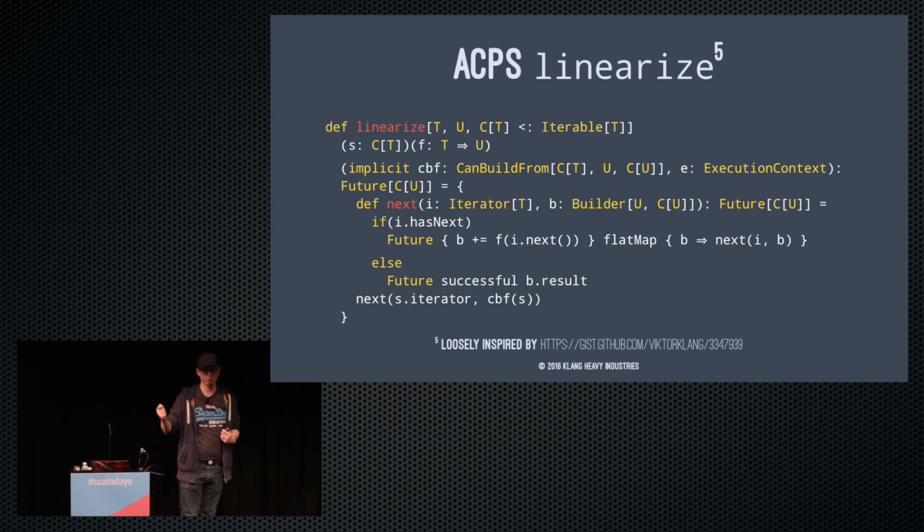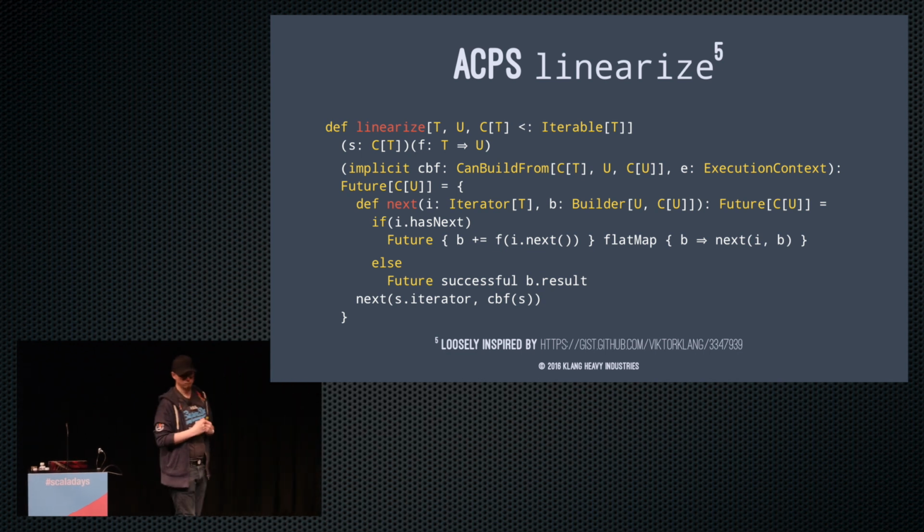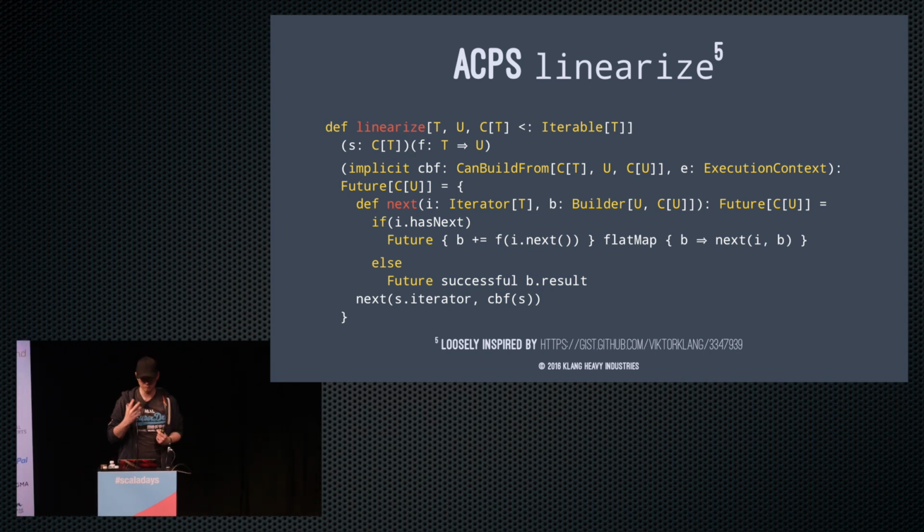That is the termination point. We have now transformed all the things in this iterable, and here's the new collection. Does this make sense? So the CPS part of this is using flatMap or recoverWith to essentially recurse. Super powerful pattern once you get to use it.